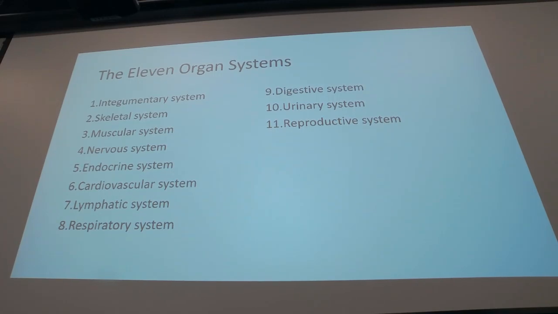The skeletal system has bones, cartilage, ligaments. The muscular system is made out of muscle. We have 3 types of muscle: cardiac, skeletal, and smooth muscle.